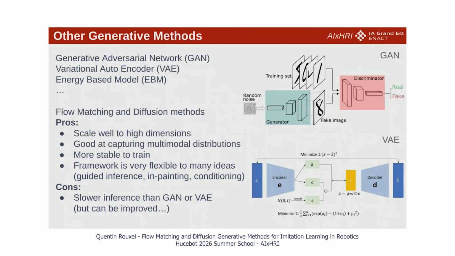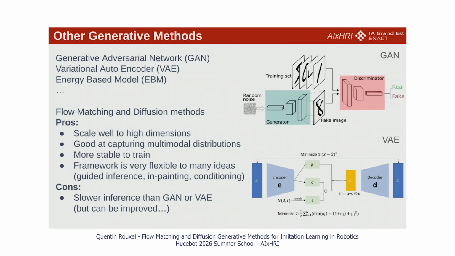And I think personally one of the biggest advantages of this method is that they are very flexible, meaning that even though the method is not too difficult, it is easy to add new ideas and easy to derive different flavors of the algorithm. We can tweak them to add many different kinds of properties. It's easy as a researcher to work with them because we can try many different kinds of ideas.